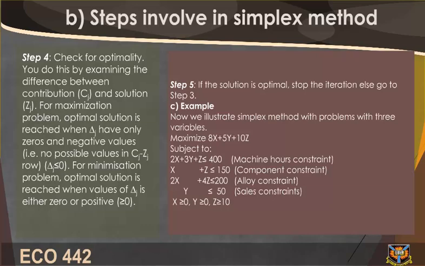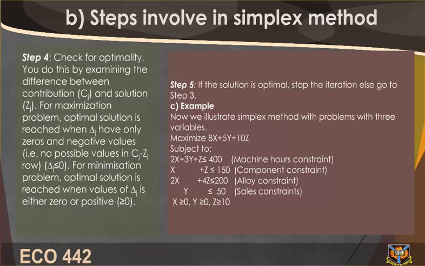For a minimization problem, the optimal solution is reached when values of triangle j are either 0 or positive, that is, greater than or equal to 0. Step 5. If the solution is optimal, stop the iteration, else go to step 3.